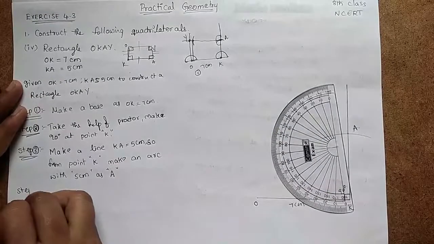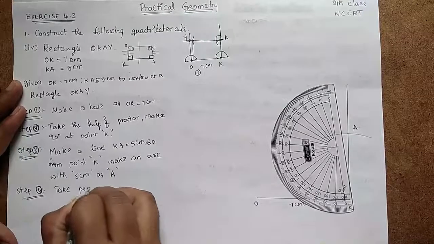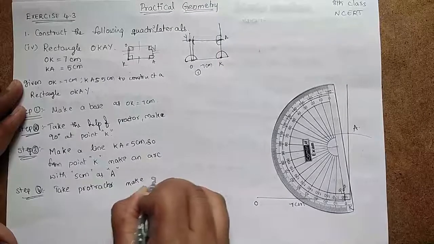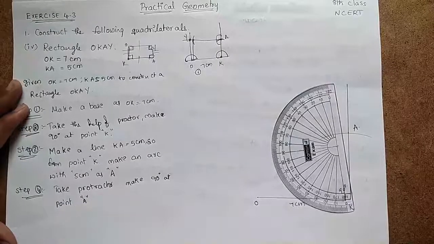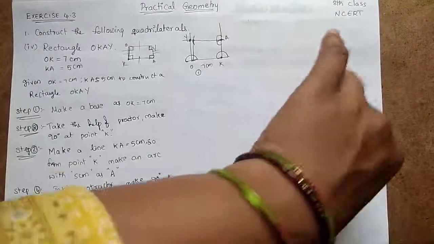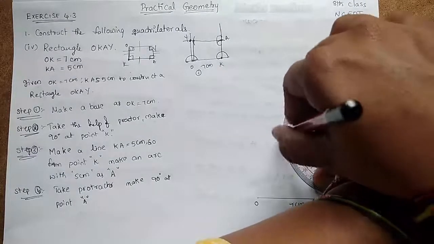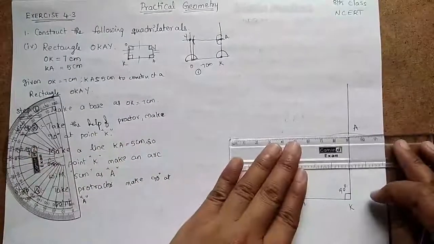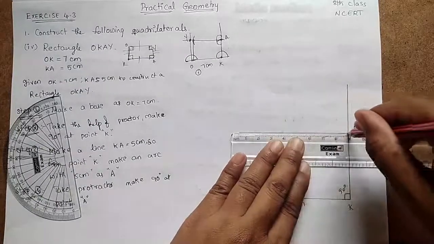So step 4, take protractor and make 90 degrees at point A. So take the help of protractor at point A and measure 90 degrees as this, and draw a line through these 2 points like this.